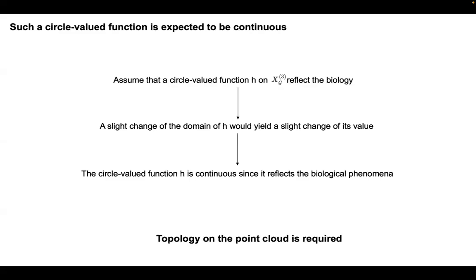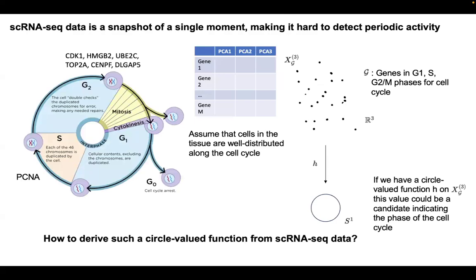We have a question in the chat. Shouldn't the rows be cells rather than genes, on the previous slide? When we do PCA, we reduce the gene dimension, so the PCs reduce the gene features, so the rows should be cells, I think that's the question. At this point each row represents a cell and each vector component represents a PCA component. So each row means one cell, two cells. Yes, sorry, it's an error.